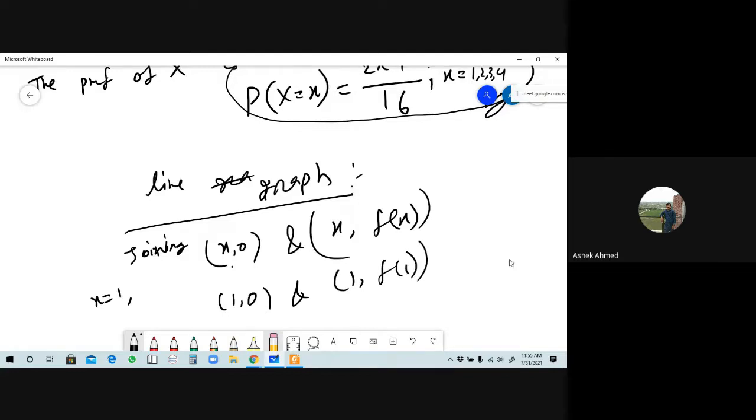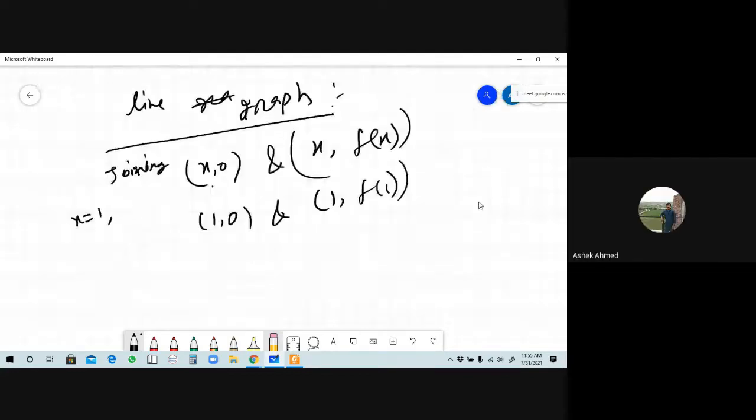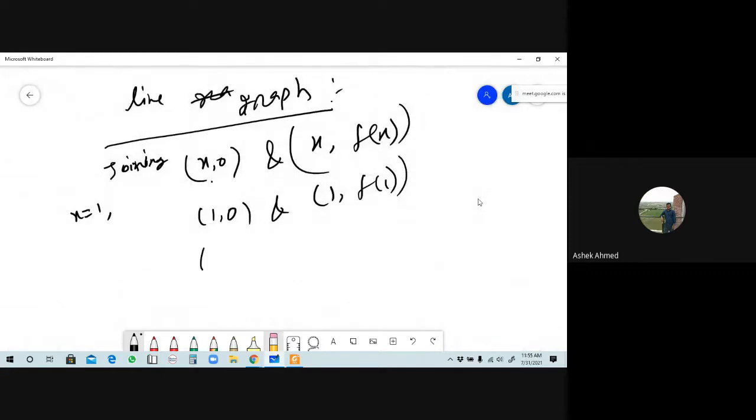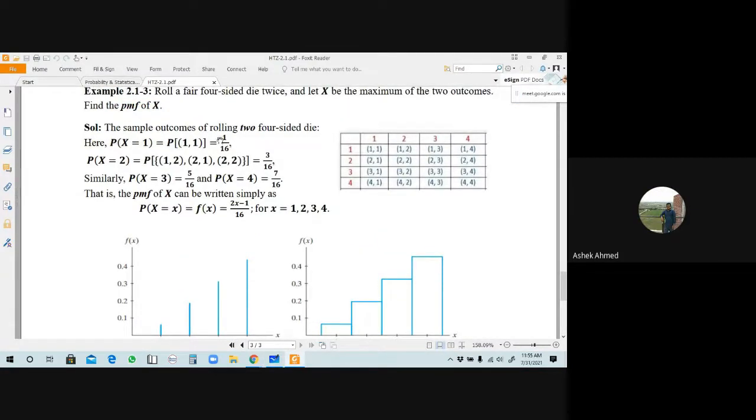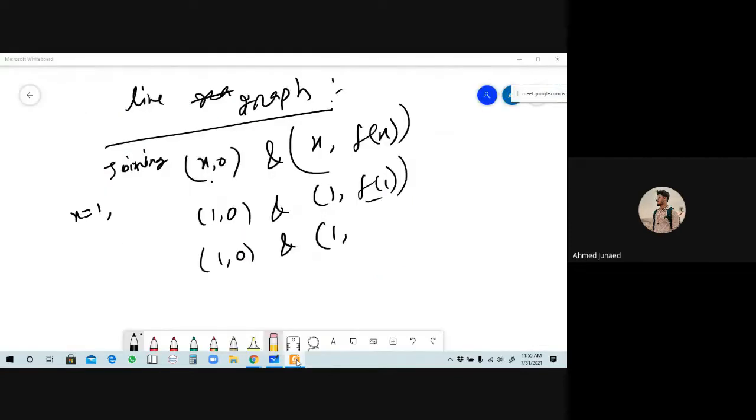What is the value of f of 1? When x is 1, its value is 1 by 16, so this will be 1 by 16.